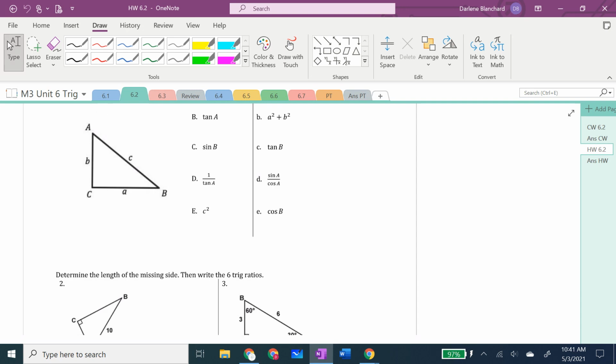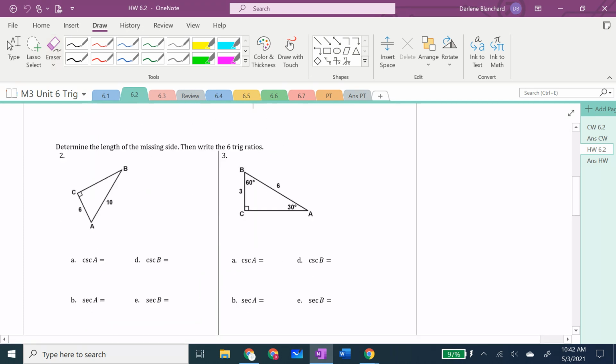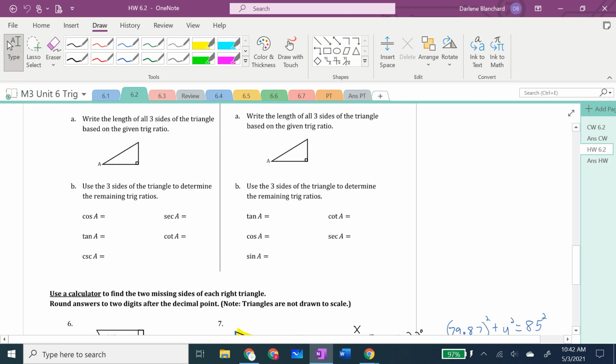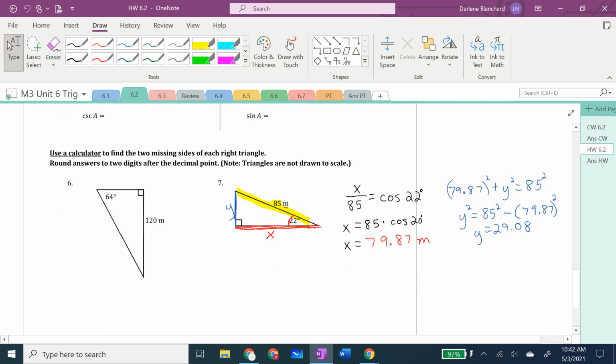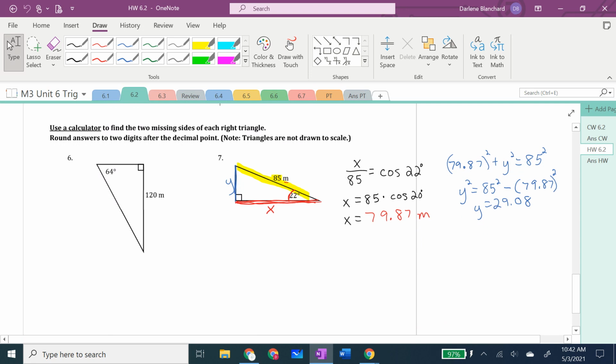So you need to be able to, given sides of a triangle, state what sine, cosine, tangent, secant, cosecant, and cotangent are. You need to be able to, with a calculator, find missing sides.